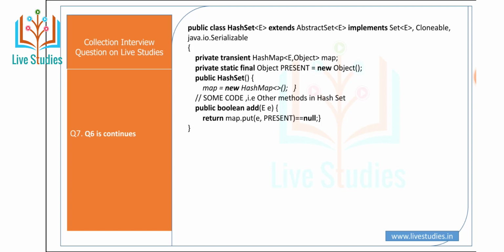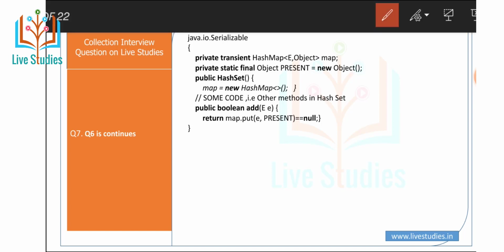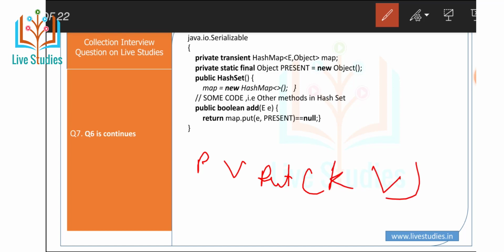Now if you see the code of the HashMap put method with key and value, we will find something like public V put(K key, V value), and some code.